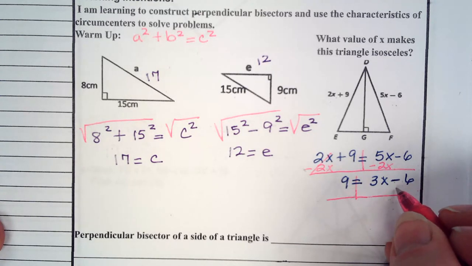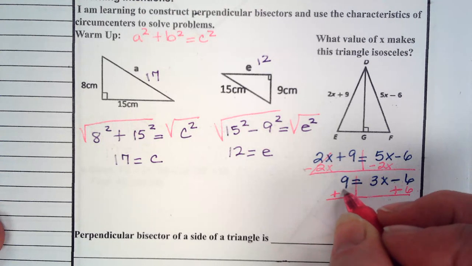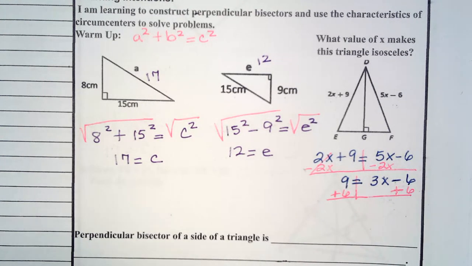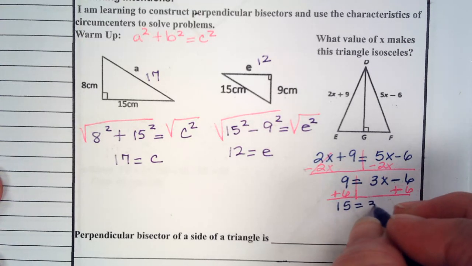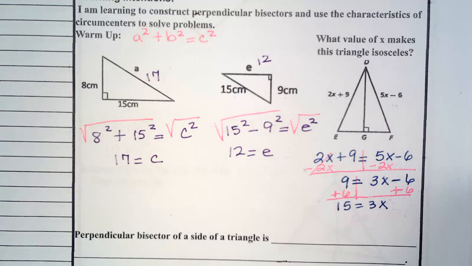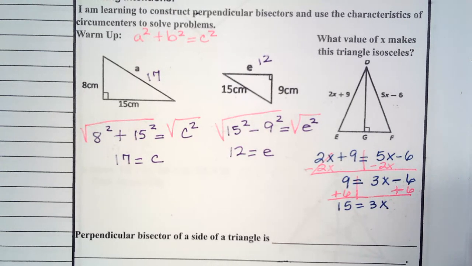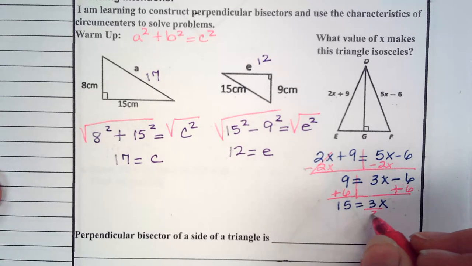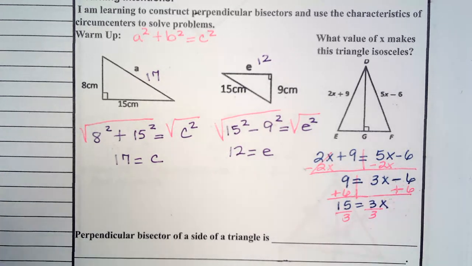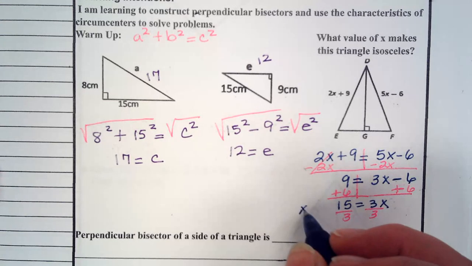The opposite of subtracting 6 is to add 6. 9 plus 6 is 15. 15 is equal to 3x. Hopefully at this point you know what x is because you're going to divide both sides by 3. And x is equal to 5.